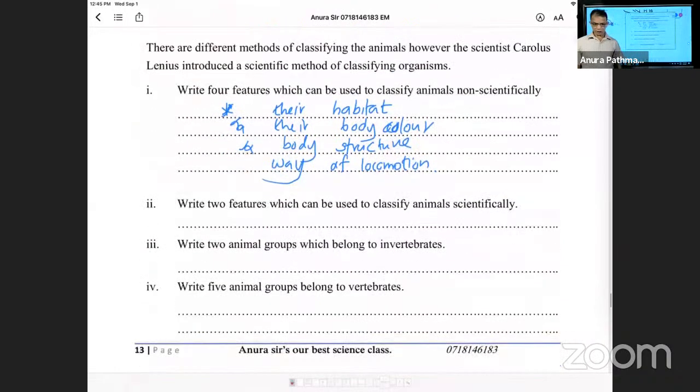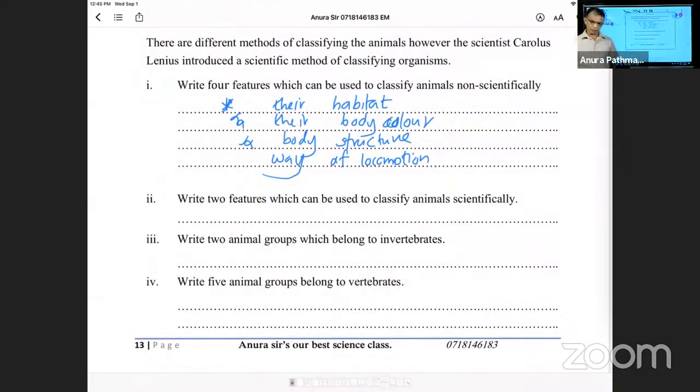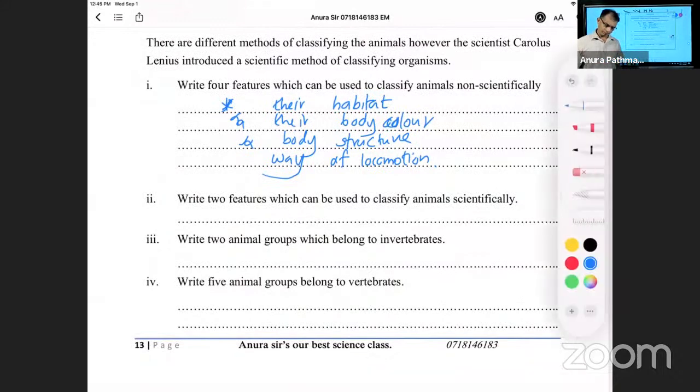Write two features which can be used to classify animals scientifically. Presence or absence of backbone.